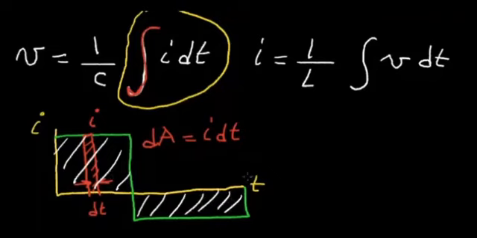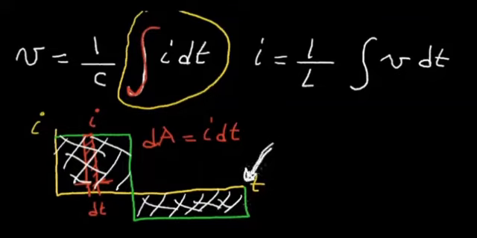So if I ask what is the voltage at this time right here, I could just look at this curve and sum this area in my mind. I can say this area here is about equal to this area here. So they cancel out. The total area at this point in time sums to 0. So it tells me at this time the voltage is equal to 0.